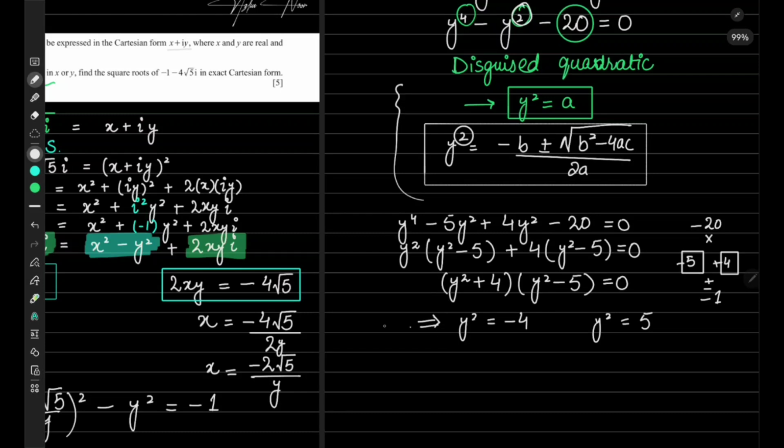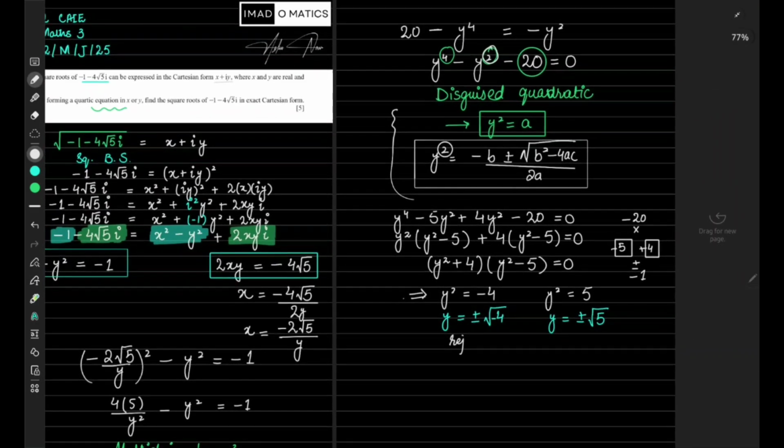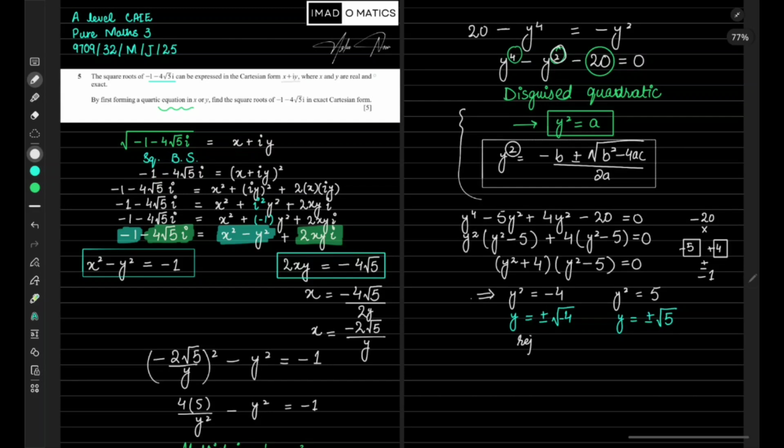Now we have to take the square root on both sides because we need y. So when you take square root, it will become y equals plus minus root of minus 4, y equals plus minus root of 5. So this will be rejected because x and y are real and exact.